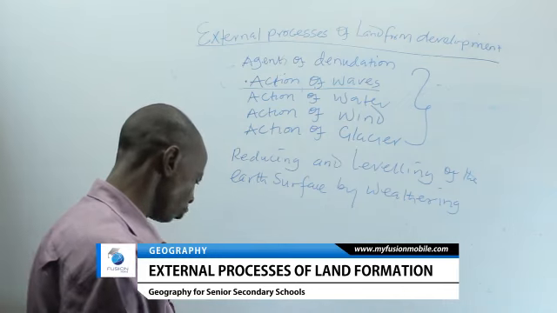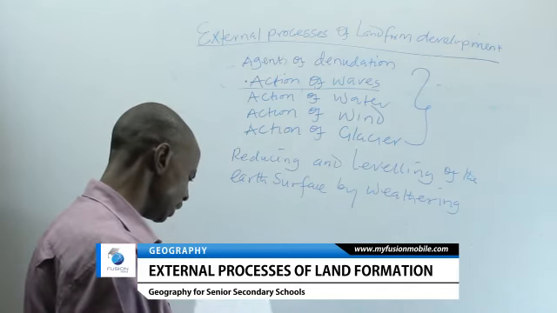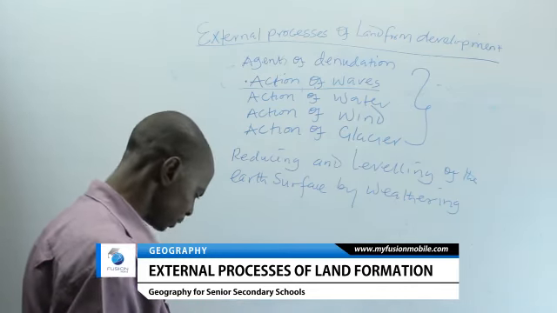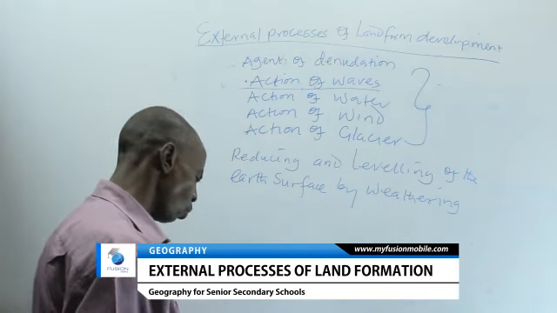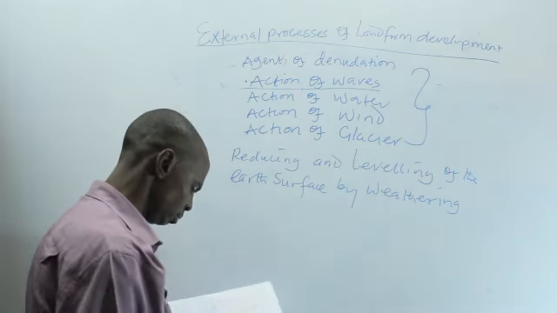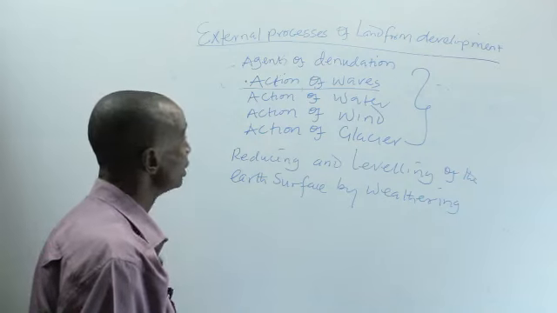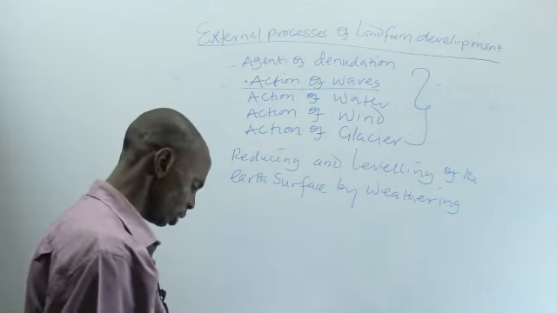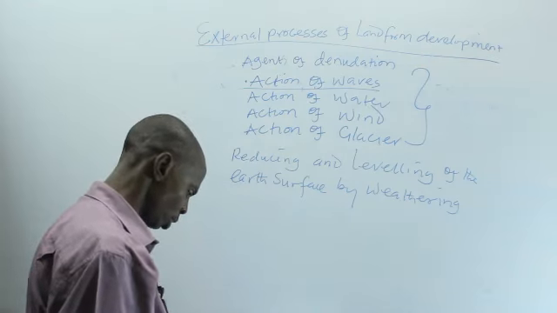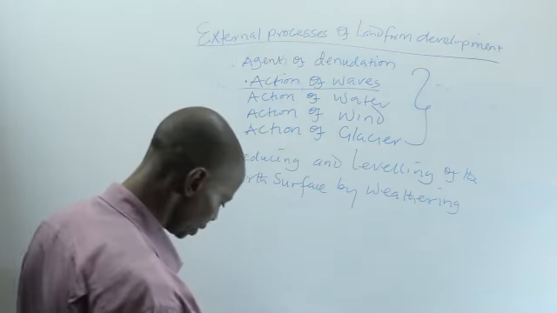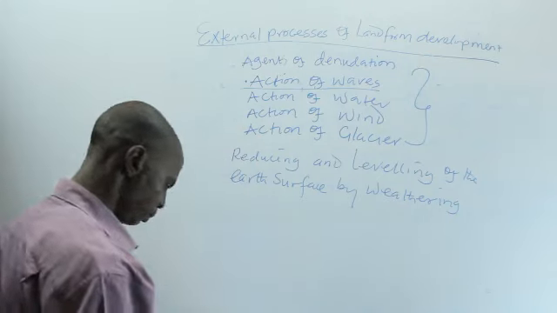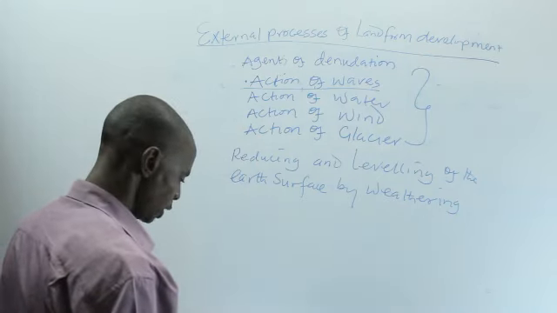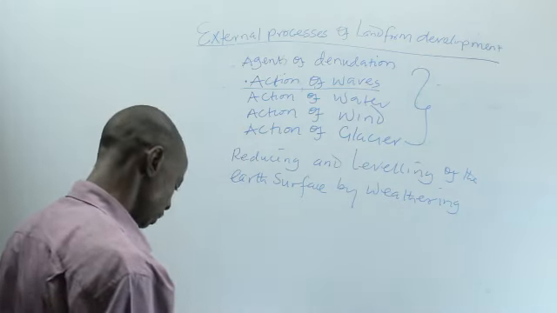Now the next thing we are going to look at is the features, the external features they produce. That is what we are going to look at. Let's take the action of wave first.